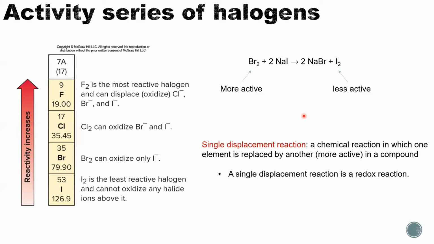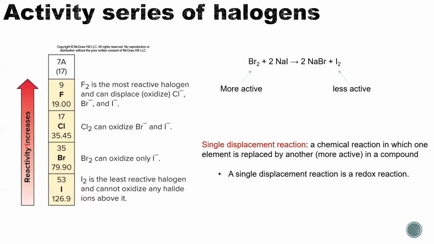Well, if you recall what the double displacement reaction is, they exchange the anions or the cations. So there's no redox there. There's no changing of the oxidation states. It's just different combinations between cations and anions. So a double displacement reaction is not a redox reaction.